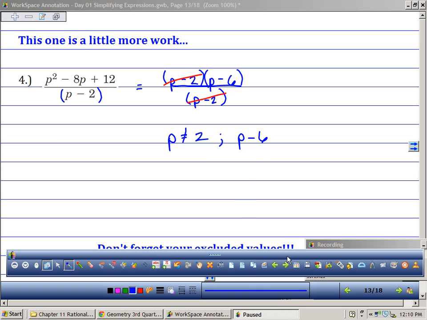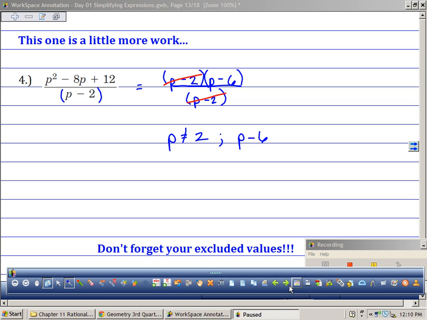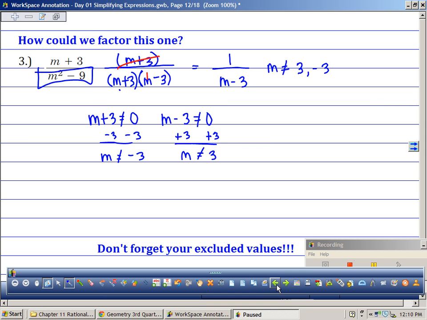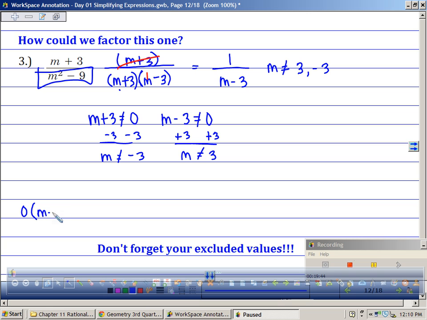Yes? So basically for number 3, it was not p minus 3, but it was like m squared. No, because if we substitute negative 3 back in here, isn't negative 3 plus 3 0? And if I have a 0 times m minus 3, doesn't that make this whole thing 0? Right? What if I made m 3? I'm sorry, yes, m 3.